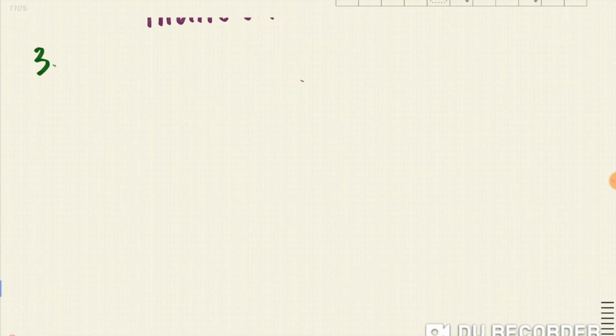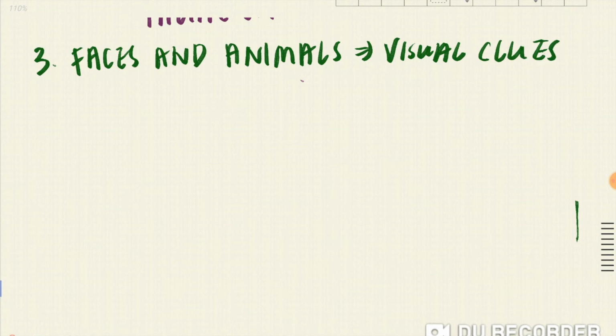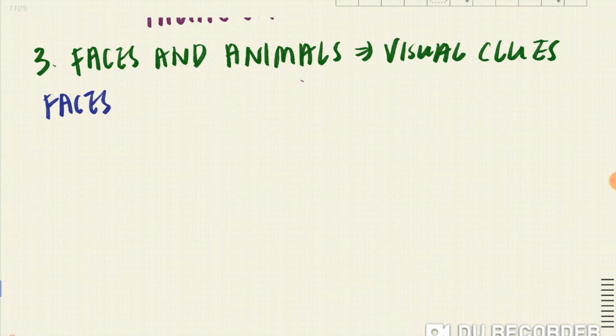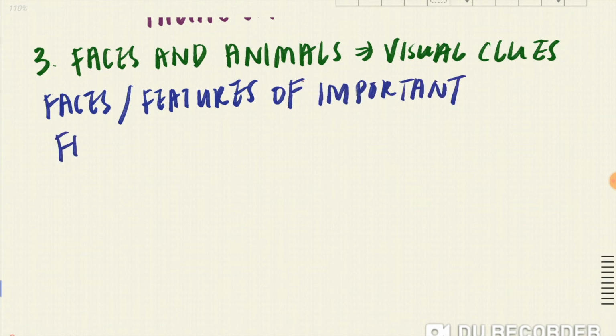Now this comes to our third tip, which is to notice the faces and animals inside the cartoon, because they are important visual clues that will often give you ideas about the attitudes and views of the cartoonist. For example, the faces and features of different characters inside the cartoon are often indicators of what kind of character or what kind of country it is representing.